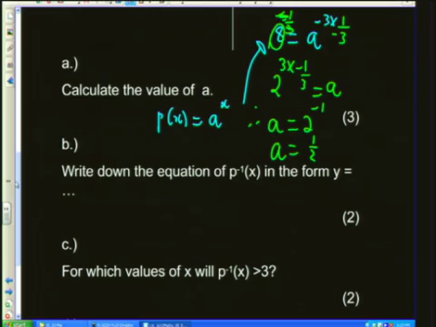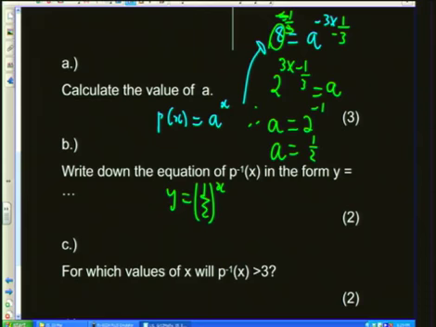Now, next question: write down the equation of the inverse in the form y equals. We already know that y equals (1/2) to the exponent x is the equation of p of x. Now we need to work out the inverse of this graph.